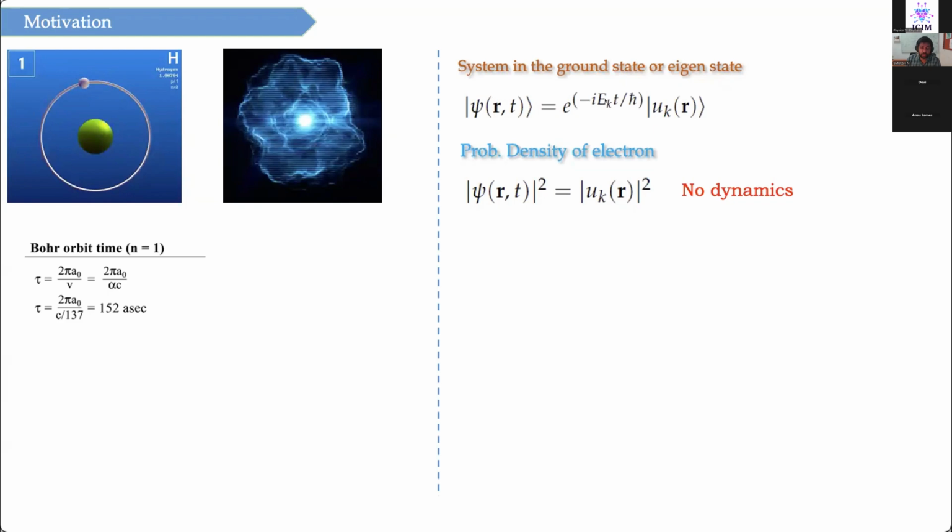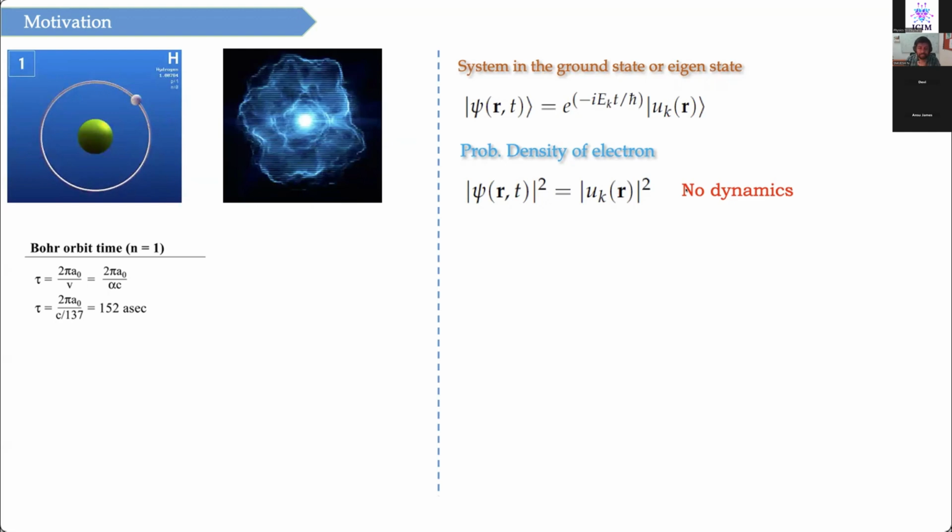When you want to look at the probability of finding the electron, you take the mod square of the wave function. If you do that, you find there is no temporal term in the probability distribution. There is no time; t is not involved. Only r is involved, which is a space variable. When it is space only, there is no dynamics.